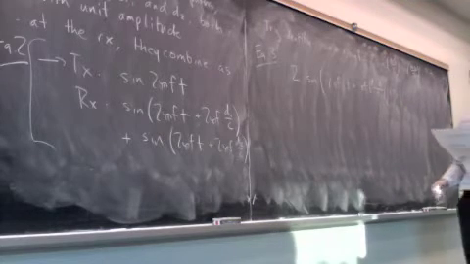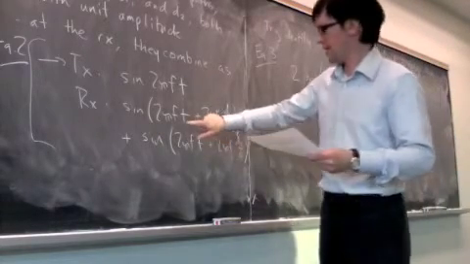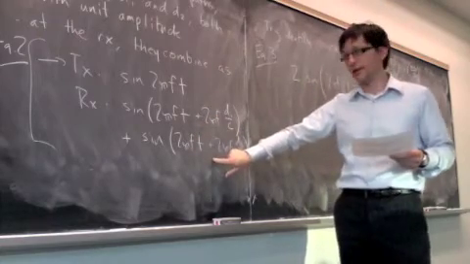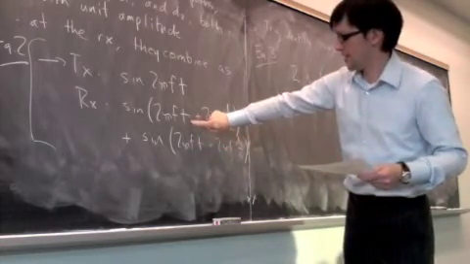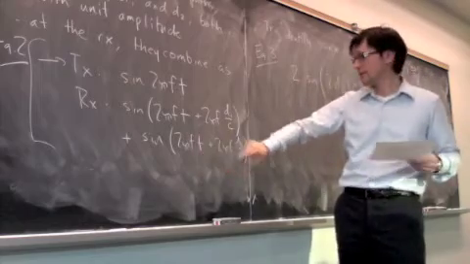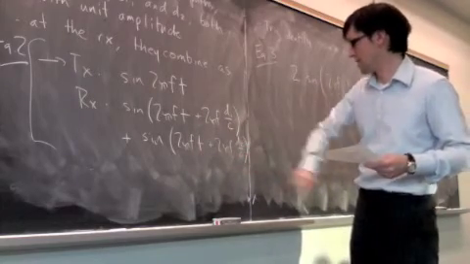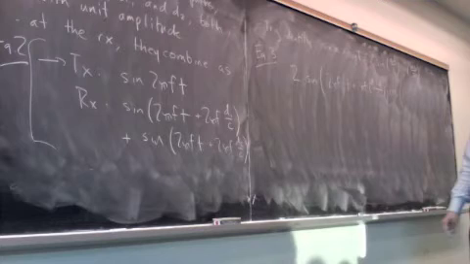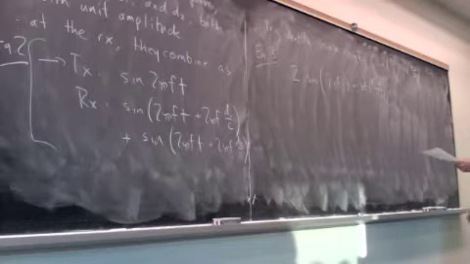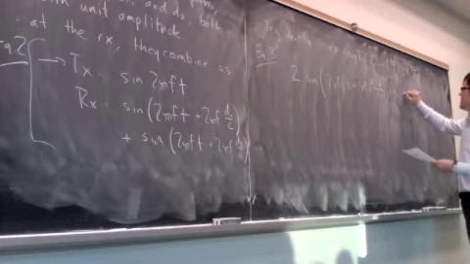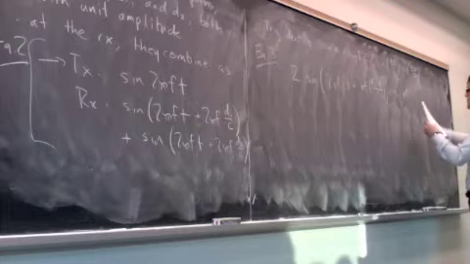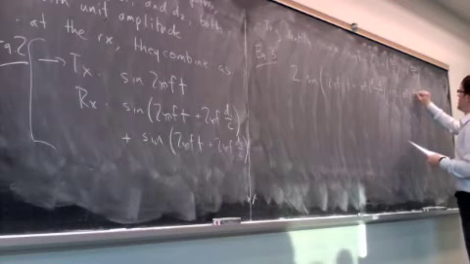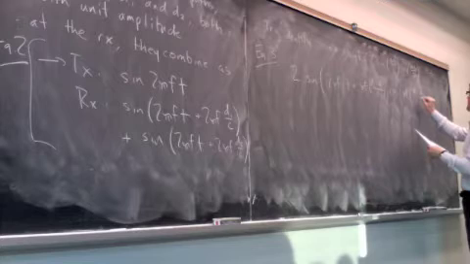Okay, what do I have over here? I now have A minus B. So I have 2 pi ft minus 2 pi ft, which is 0, and 2 pi f d1 over c minus 2 pi f d2 over c, all divided by 2, so that's pi f d1 minus d2 over c.